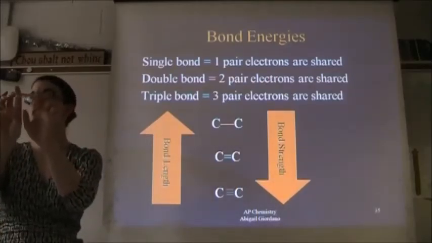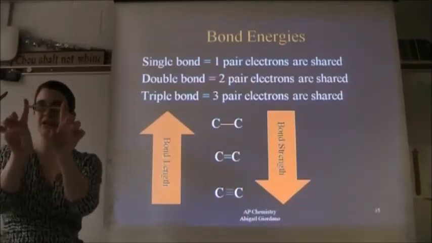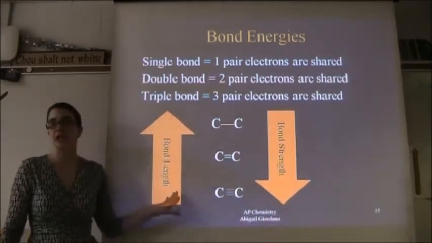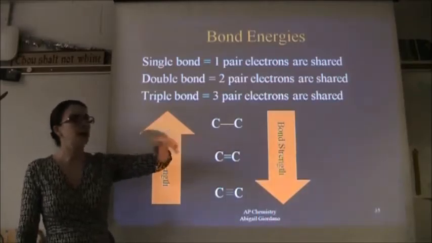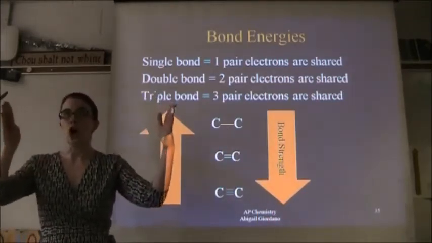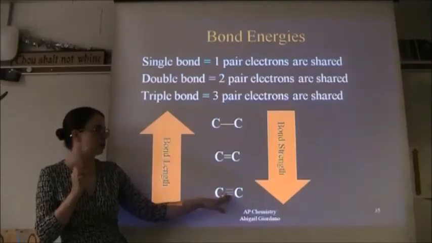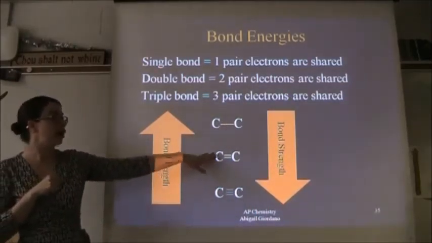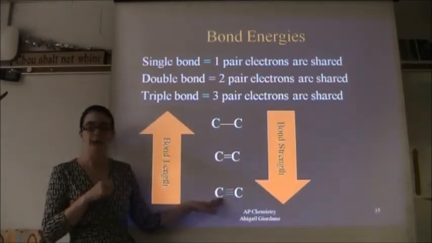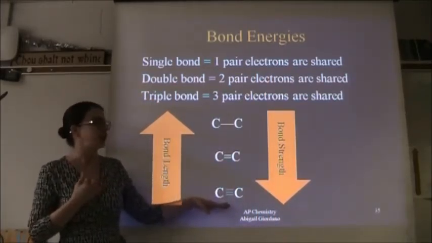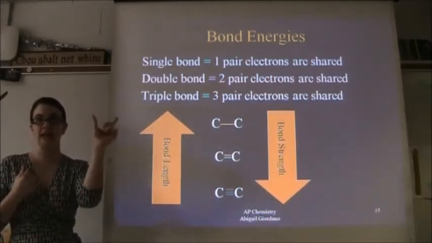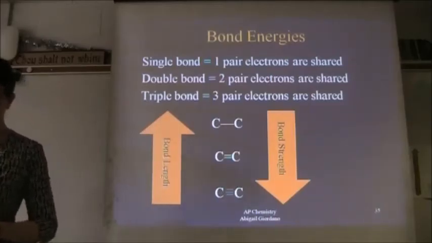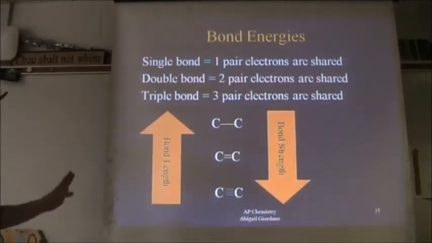And I'm feeling a much stronger force on my fingers here. Okay? This is an inverse relationship. Single bonds are relatively long in length compared to double and triple. They are also relatively weak compared to double or triple bonds. Triple bonds are relatively short in length, but much stronger than the other two. Okay, just want to make sure we all remember that.